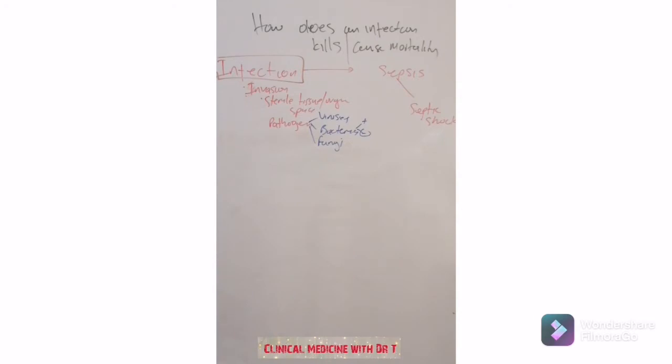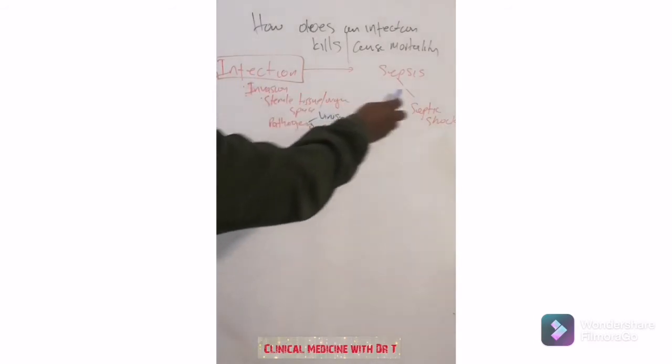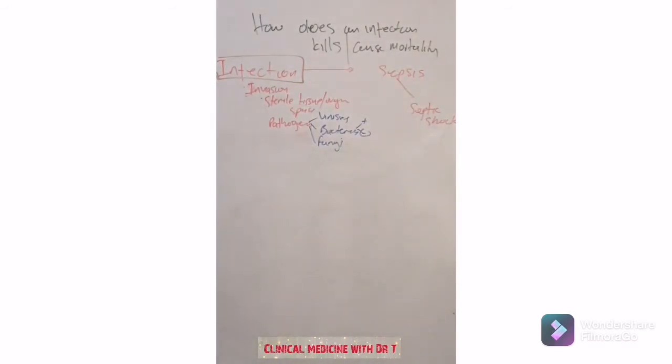They're not the same. It's a progression. Once you get to sepsis, it means you are coming from an infection. You have an infection somewhere. That's why when someone comes in septic shock, the doctor will look for the source of sepsis, which is the location of the infection.